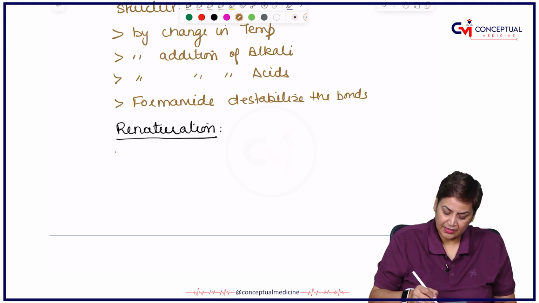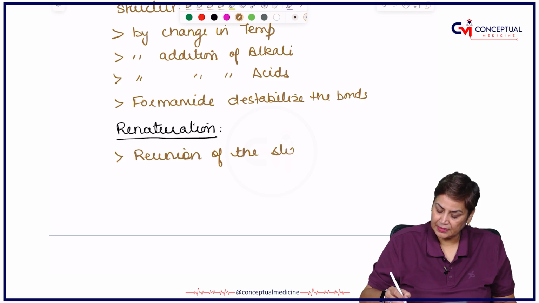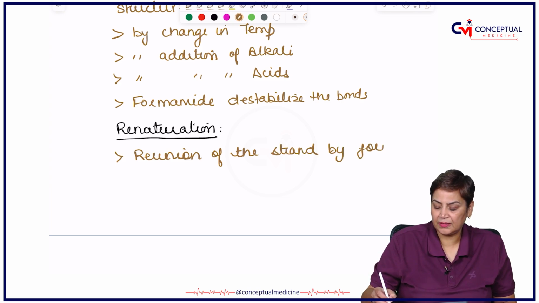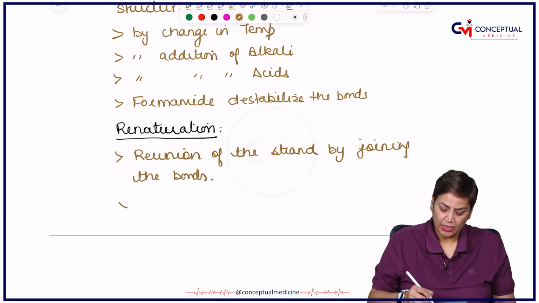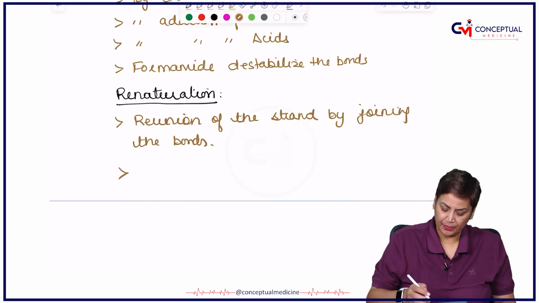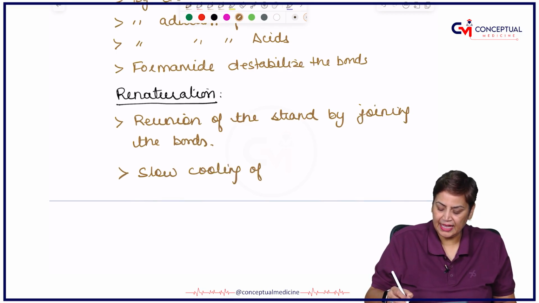Reunion of the strand by joining the bonds, right? So slow cooling of DNA is annealing.